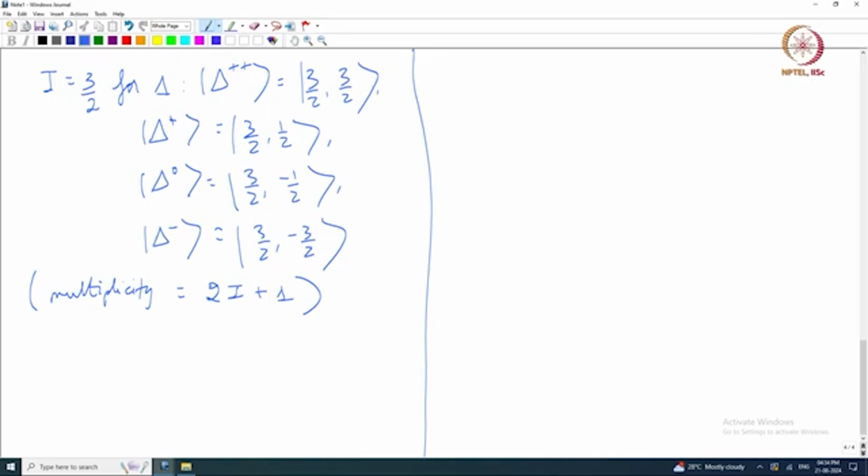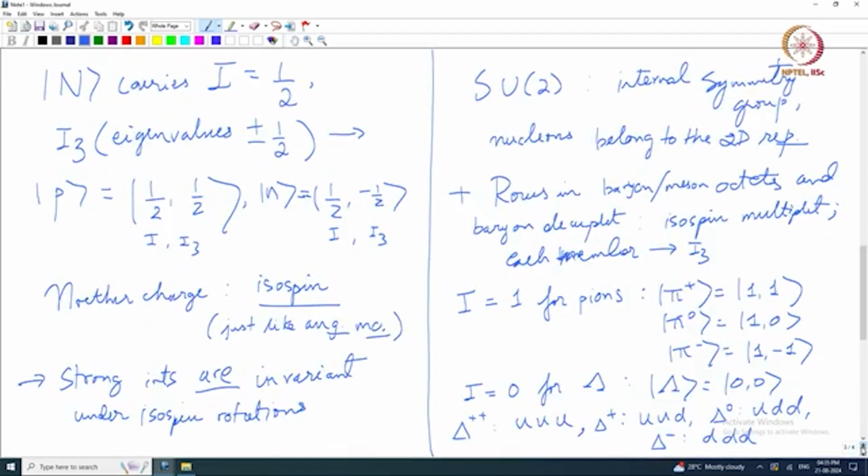So, in the last 1 or 2 minutes, let me wrap up with an empirical formula, okay, that Gell-Mann and Nishijima had noted, and in the next class we will pick that up and see some consequences of it. Okay. So, I have written down the isospin for pions.